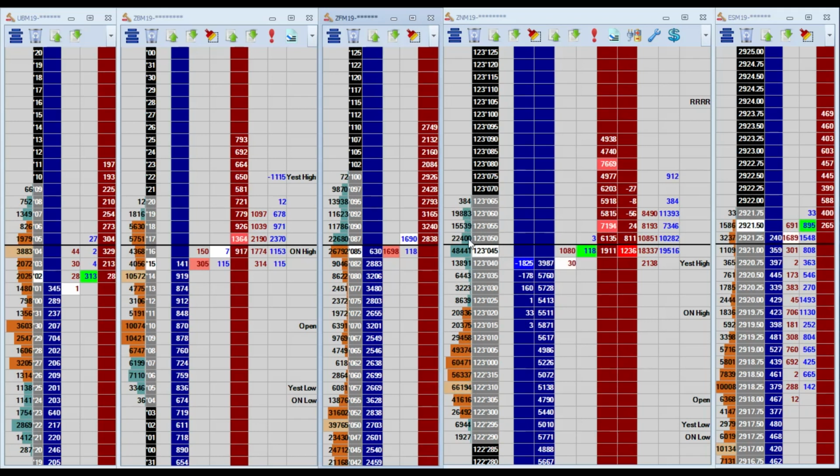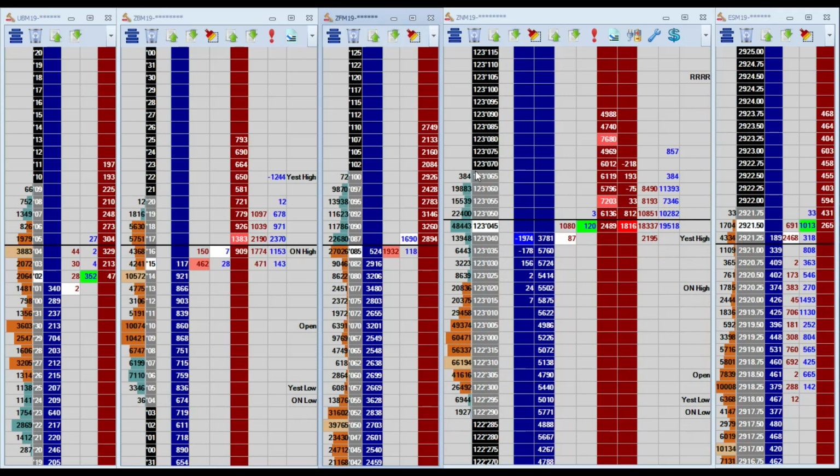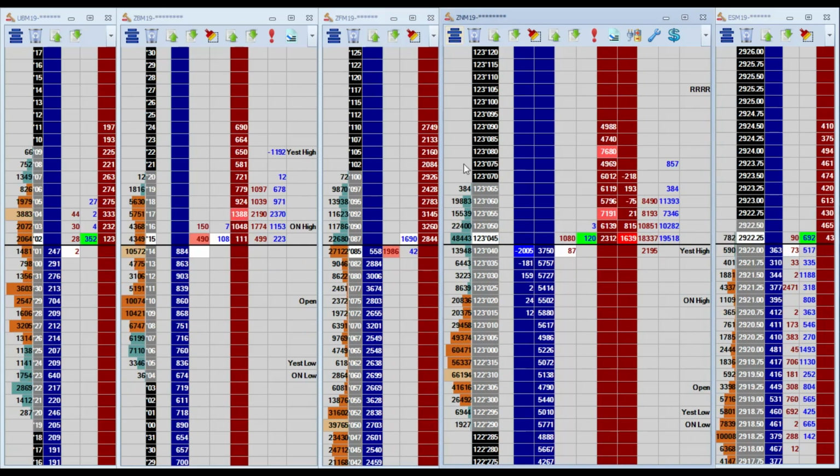And this is an oscillating product, meaning it returns to the mean, regresses to the mean all the time. So 9 times out of 10, it's not a trending product. It doesn't go one way or the other. Typically trades around a central level.